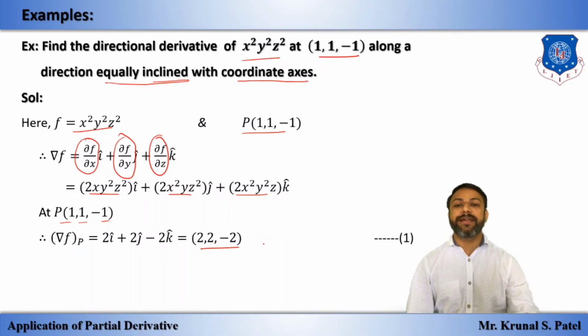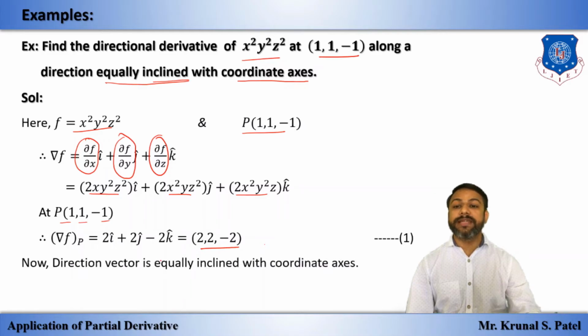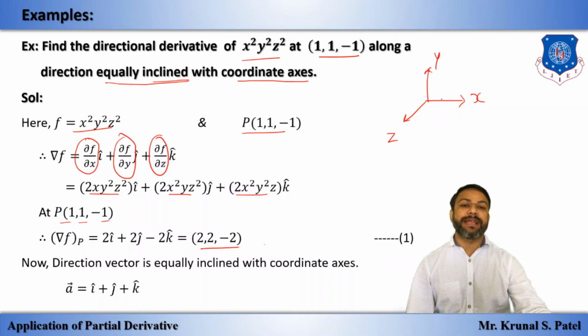Now we have a direction equally inclined with the coordinate axes. That means vector A is equally inclined with the coordinate axes. Now, what are the coordinate axes? The x-axis, y-axis and z-axis. So we have the x-axis, y-axis and z-axis, and equally inclined means we can take the unit 1 1 1, or we can take 2 2 2.